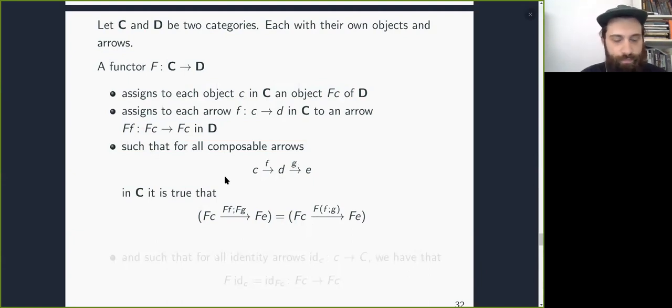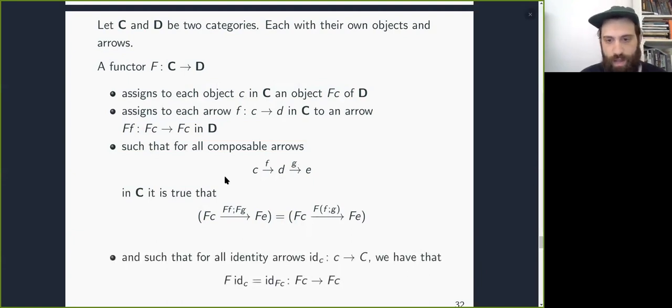Also, for every object in C, we have an identity arrow on it, that goes from little c to little c. When we hit it with F, it should go to the identity arrow on F of c. So all identity arrows get sent to the corresponding identity arrows. Those are all requisites to be a functor.